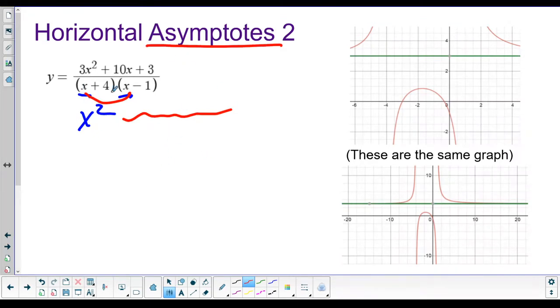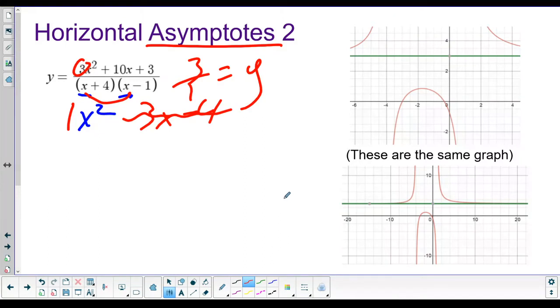So x times x is x squared, and then you would have minus x plus 4x, so you have a 3x minus 4 here, but it doesn't matter because all we care about is that coefficient. So our ratio of our top coefficient over our bottom coefficient here is 3. It's 3 over 1. So that is where our horizontal asymptote is going to be.